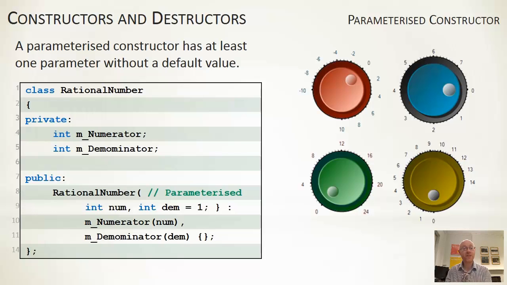Now that is a default value. If I call rational number and I only pass in a single numerical value, let's say 7, then that is assumed to be the num value, the numerator, that'll take on that value. Because I haven't specified a second parameter, the default value kicks in, and a default value of 1 would be considered.